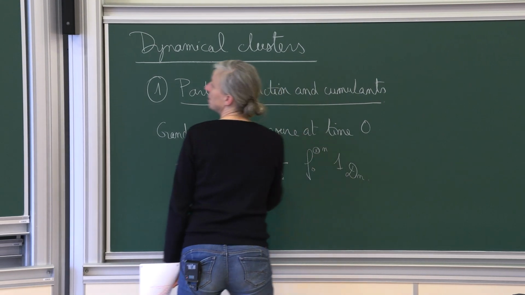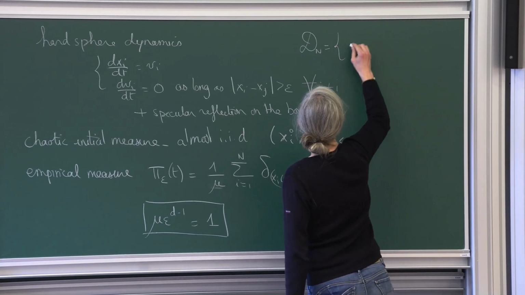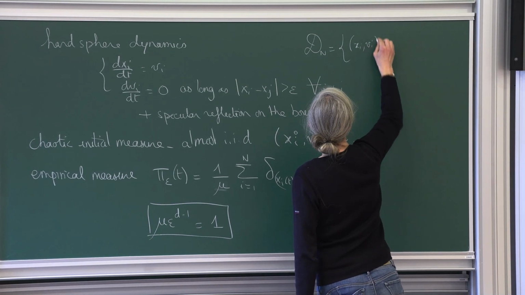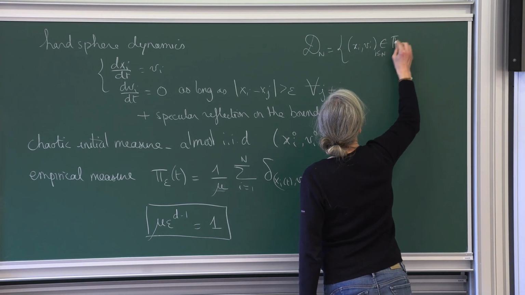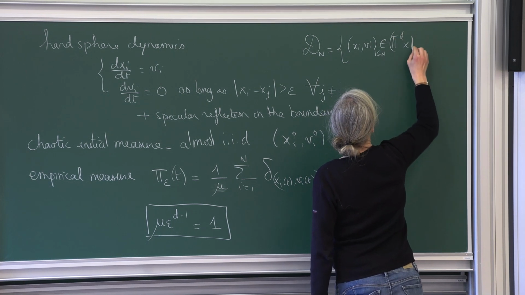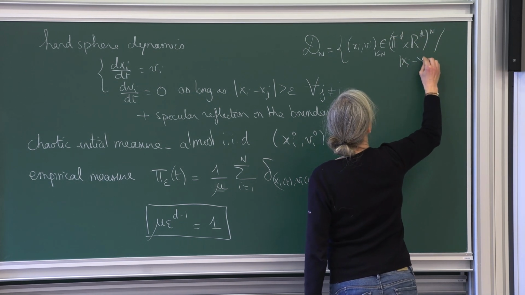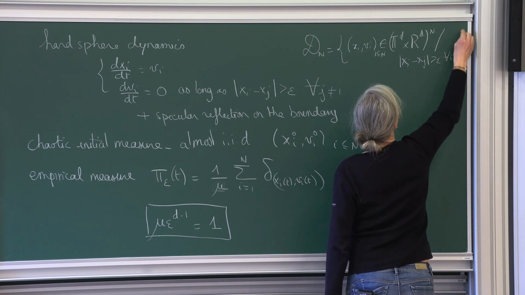So D_n here is just a subset of the (x_i, v_i) in (R^d x R^d)^n such that |x_i - x_j| is bigger than epsilon for all i different from j.